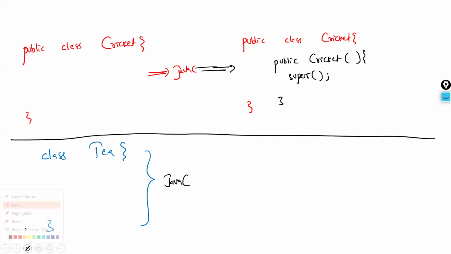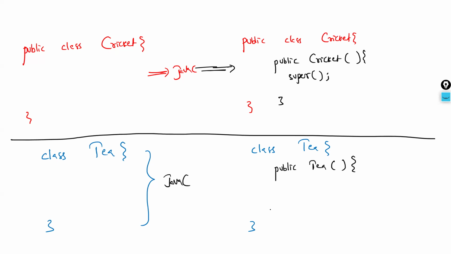So first let me write the same class, class T, and inside this, tell me now, what's the compiler's code? Constructor syntax, I'm asking. Please be loud and clear. Public, then the same name as the class name, T, next. Empty parenthesis, then curly brackets, inside this one, super in lowercase letters, parenthesis, and also semicolon.